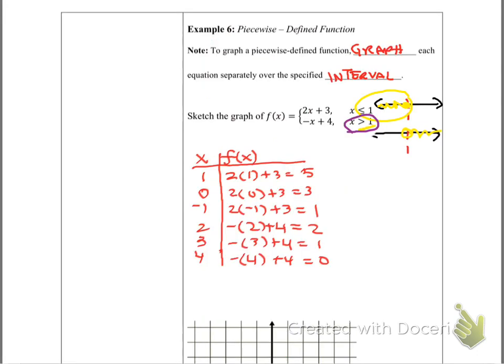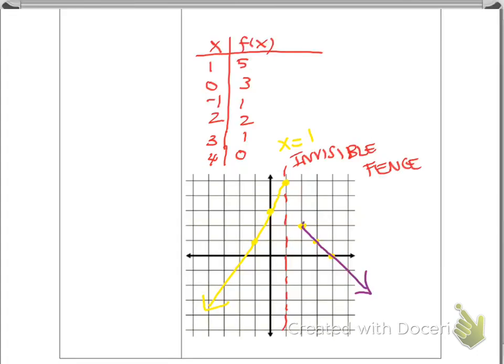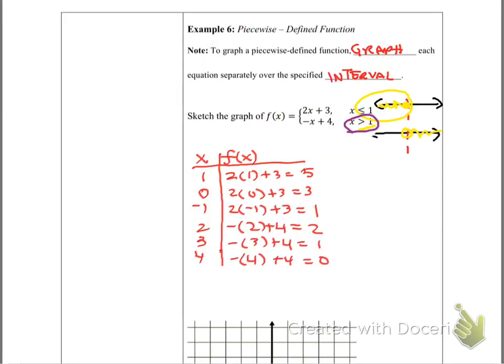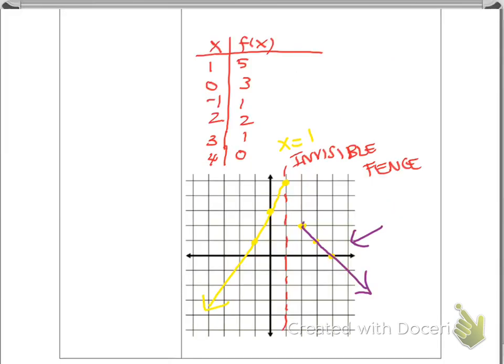Although 1 isn't on this function, if it were, where would it be? Well, if we plugged in 1, we would get 3. So 1, 3 is where it would be if it were on this function, but it's not.